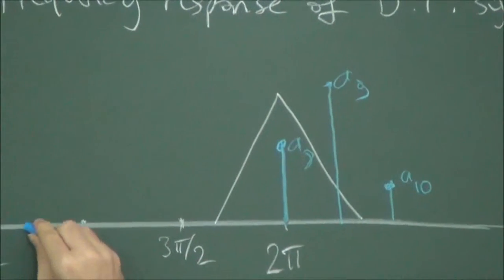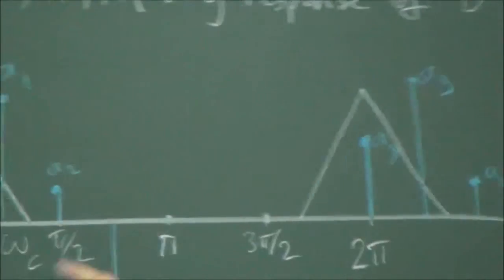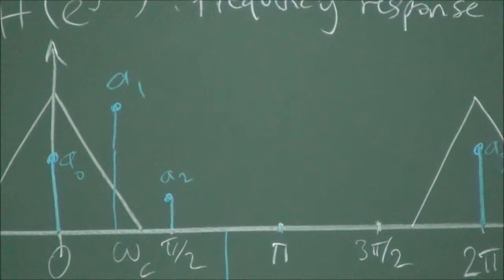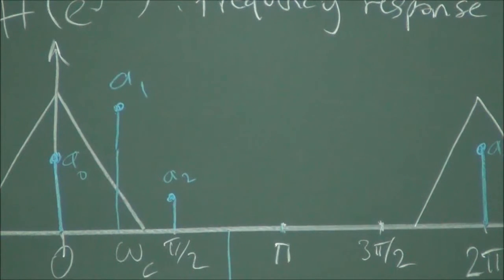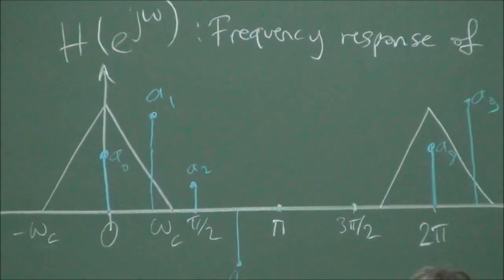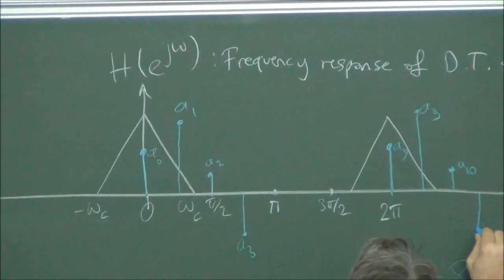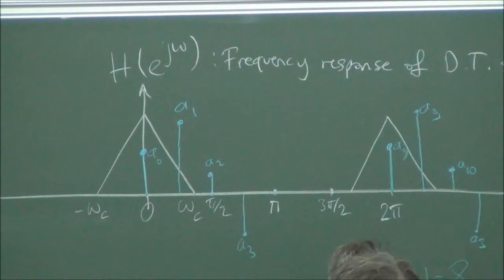Here you have, let's assume, some negative values. They are in fact complex values, but I'm unable to draw them that way. A3, and it goes on like this.